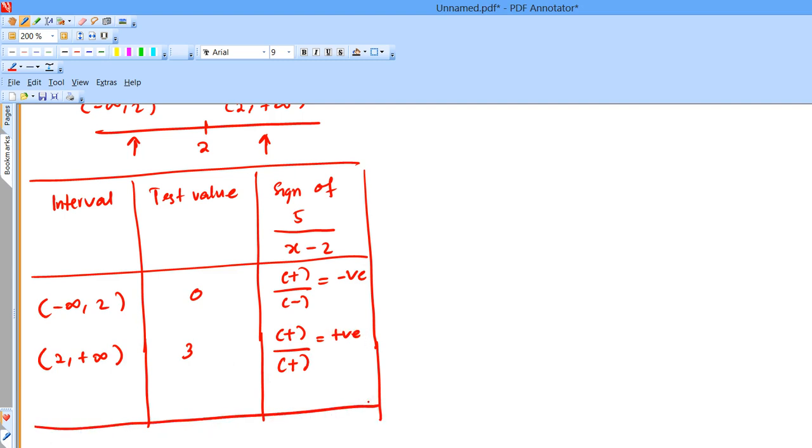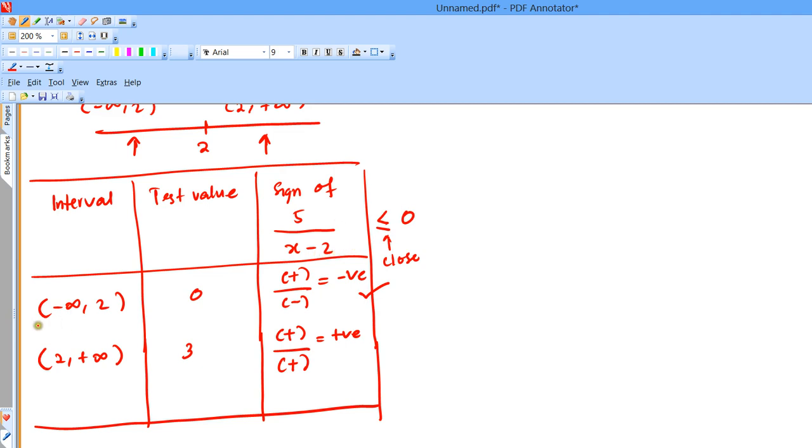From this table, since our inequality symbol is less than or equal to 0, we will choose the first interval. Then you need to check: since our denominator x - 2 must not equal 0, x must not equal 2.